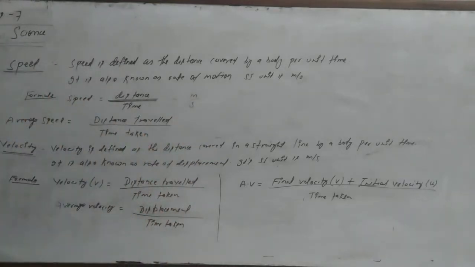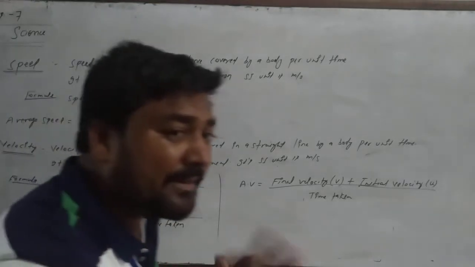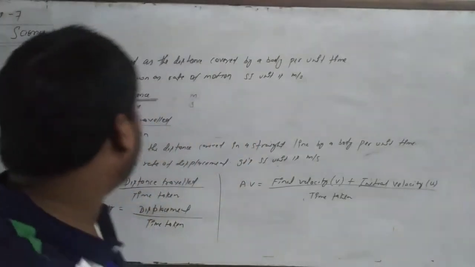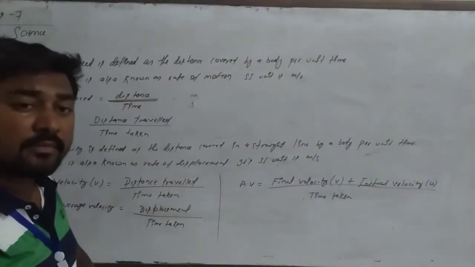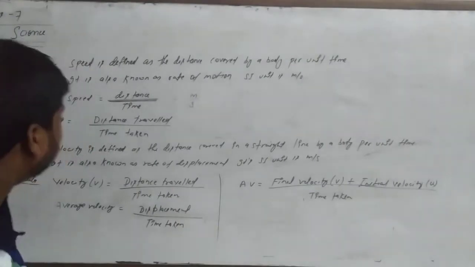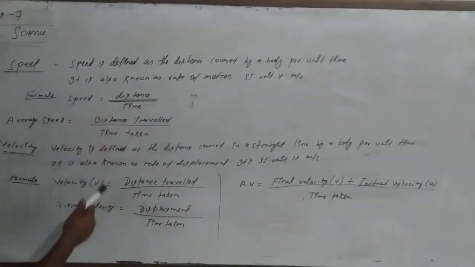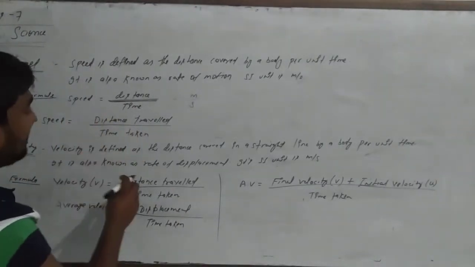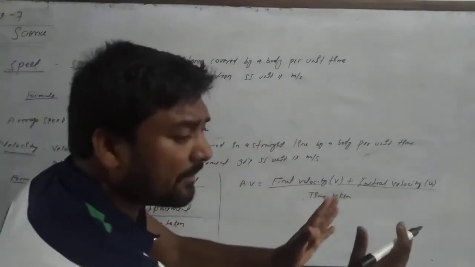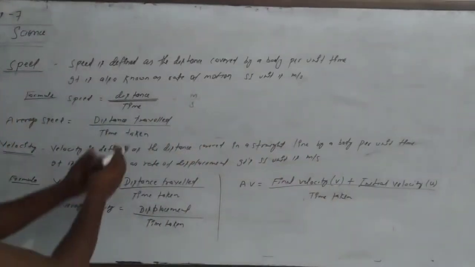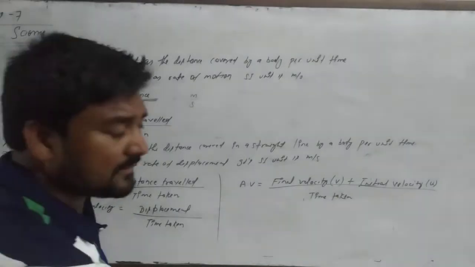It's called speed. Now, average speed. What is the formula of average speed? Distance traveled upon time taken: how much distance a body traveled divided by the time taken.